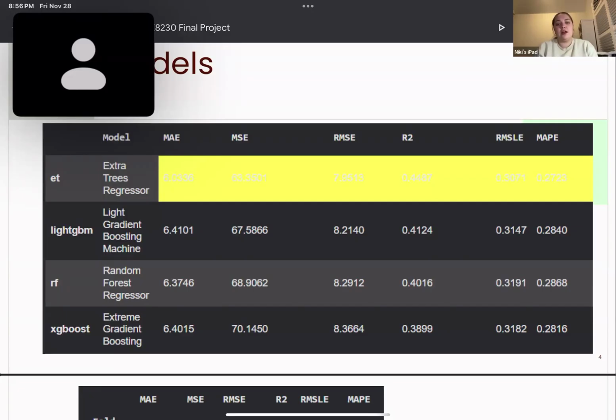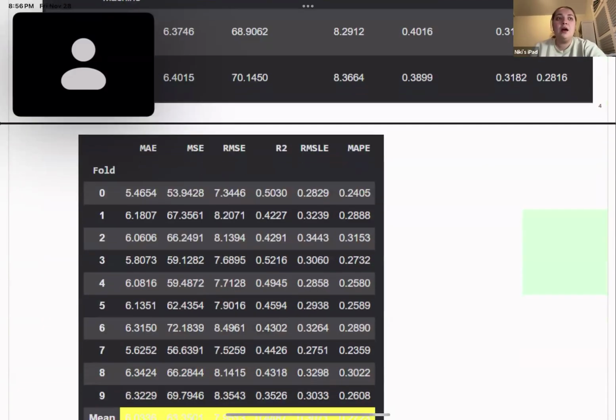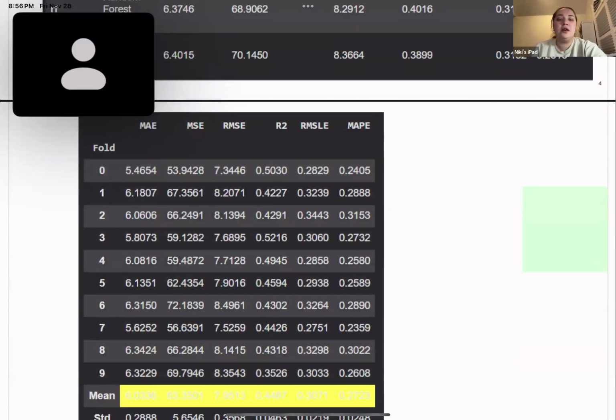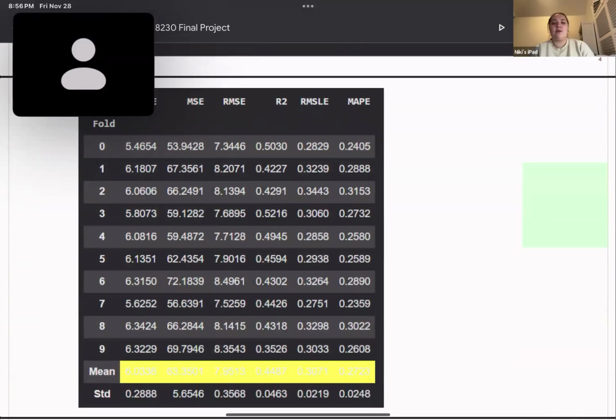So that is the model that I chose for this data set. Here, you can see the metrics that were used: the mean squared error, the root mean squared error, and the R squared value.